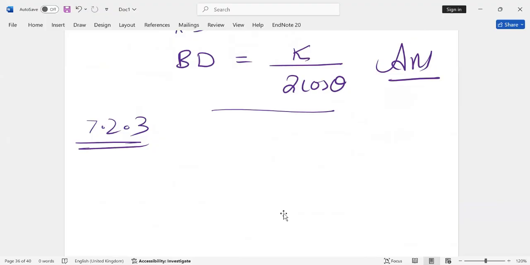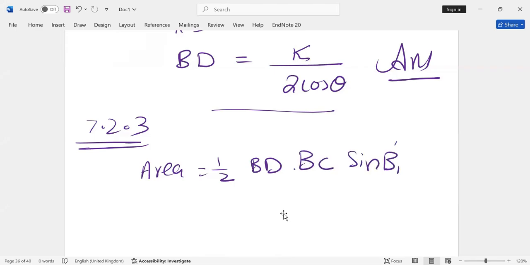So using the area rule, we have the formula of area equals half BD dot BC sine B1. Okay. So this is the result from 7.2.2.